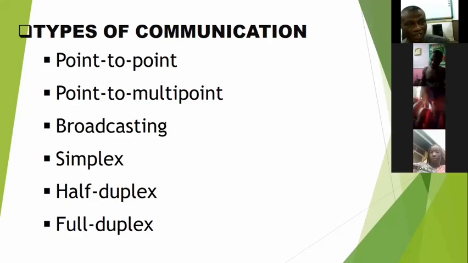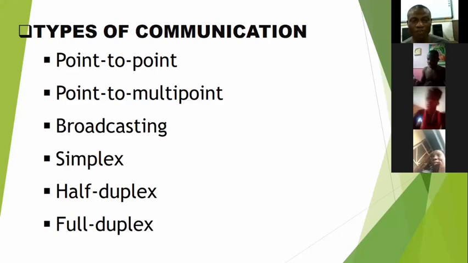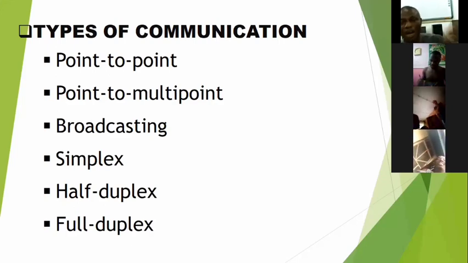For instance, if your phone is directly linked to another person's phone, it's a point-to-point communication. You can share data through Bluetooth. You can also chat through WhatsApp. That's point-to-point communication. In point-to-point communication, you may have one unit connecting directly to another unit.